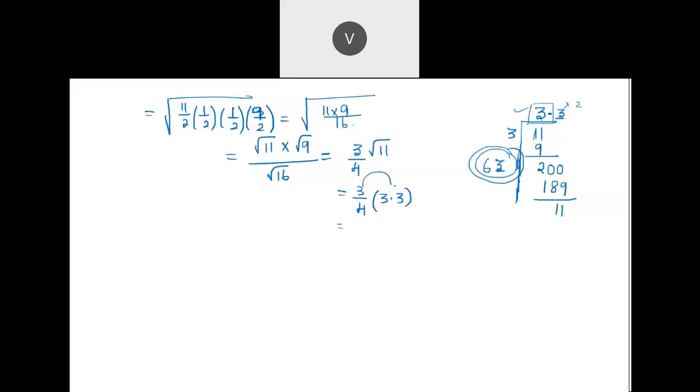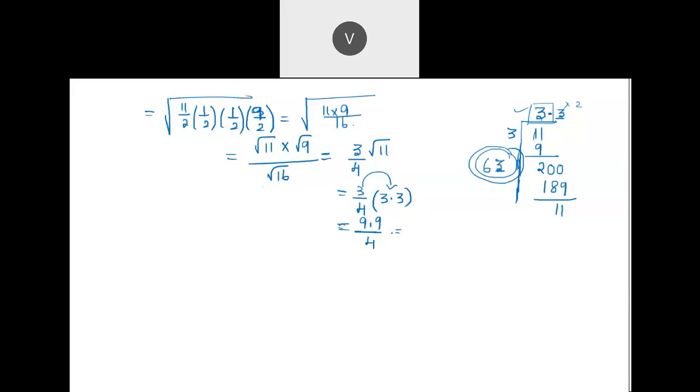Now multiply these two and divide the result with 4, children. 3 into 3.3. What is 3 into 3.3? 9.9. 9.9 divided by 4.